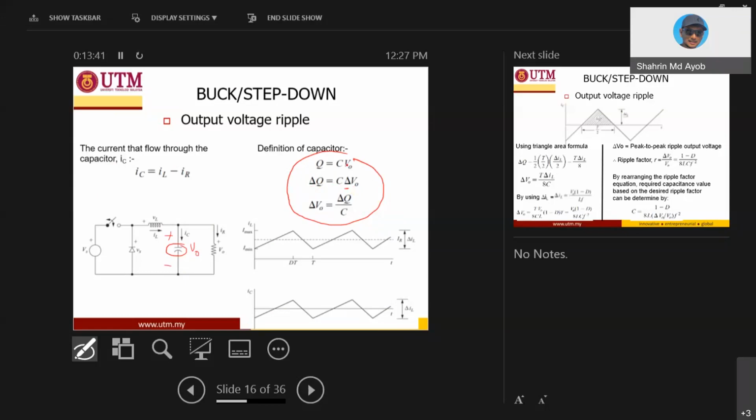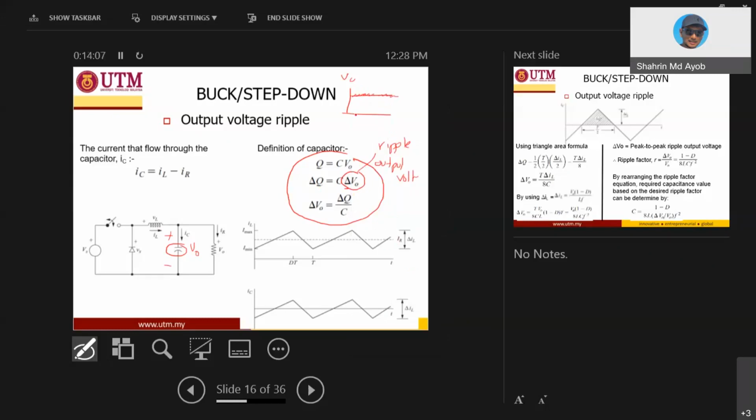So this delta V out is actually the ripple output voltage. That is the ripple voltage. What I explained earlier, this one is your V out, right? But if you zoom in, it actually has some high frequency ripple.